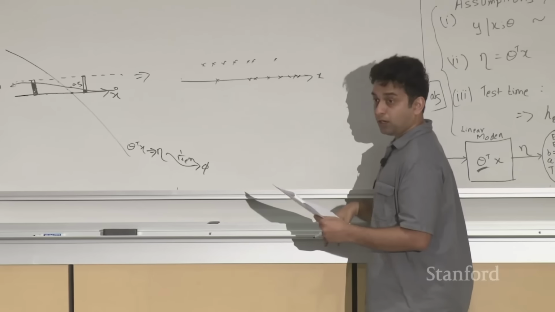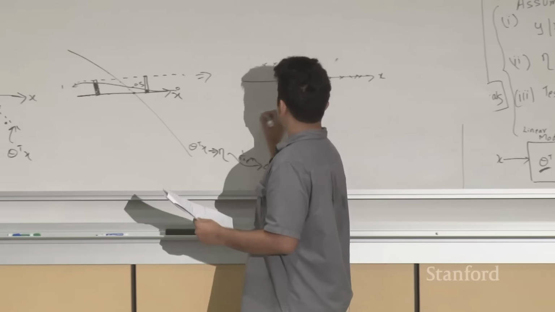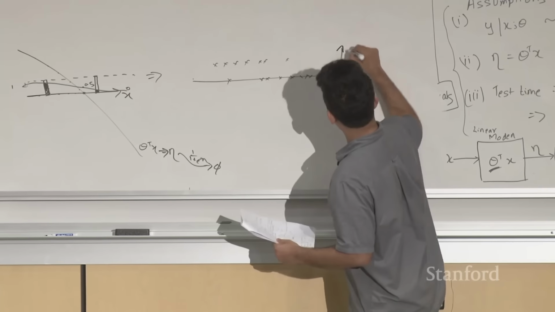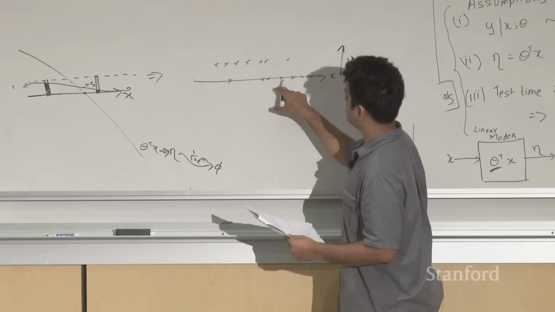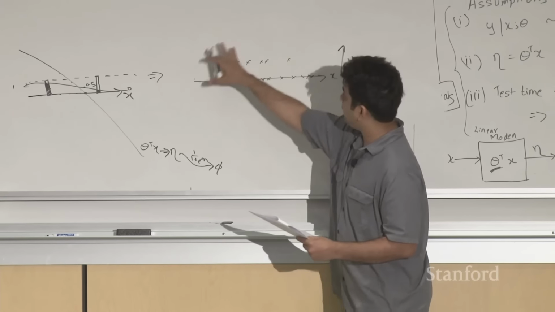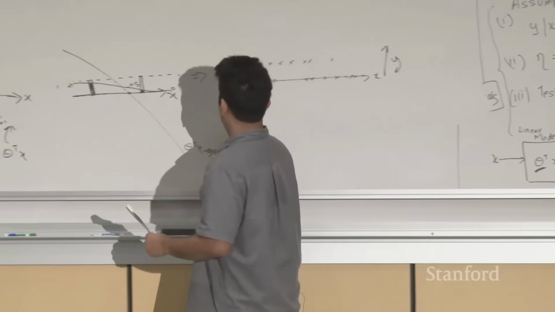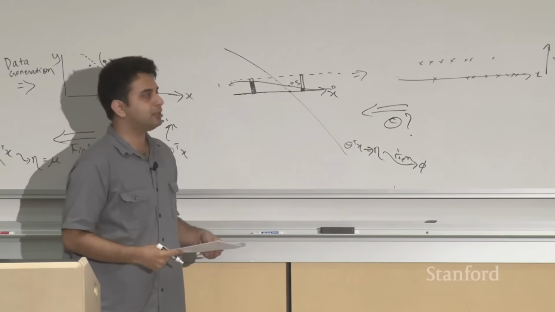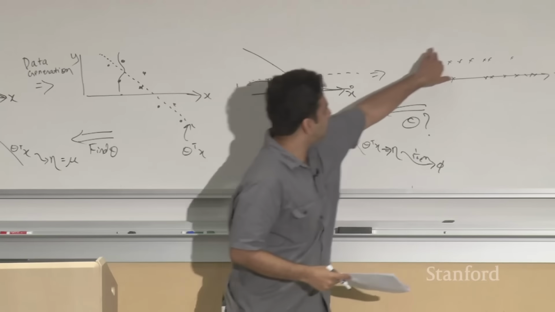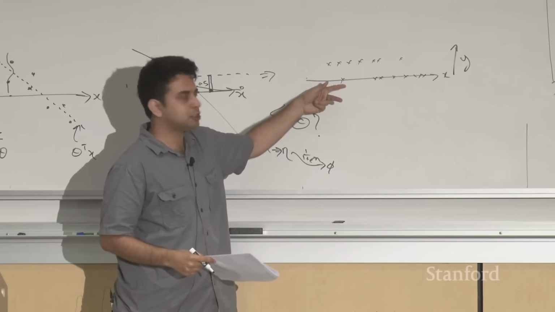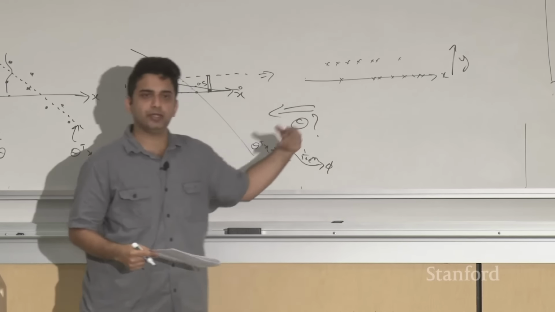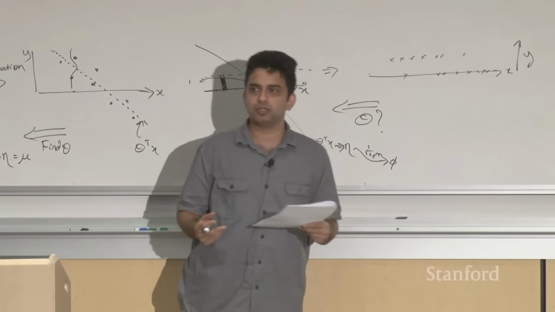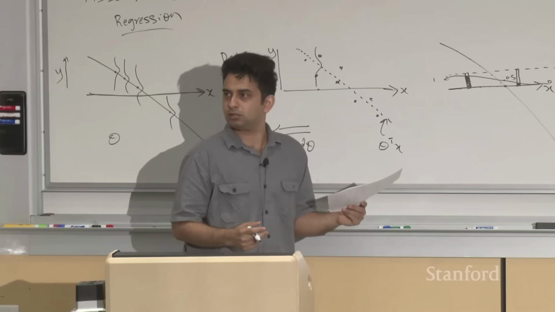Now again, our goal is, given this data, where this is the x and this is y, these are points for which y is 0, and these are points for which y is 1, we want to work backwards to find out what theta was. What's the theta that would have resulted in a sigmoid-like curve from which these y's were most likely to have been sampled? And figuring that out is essentially doing logistic regression. Any questions?